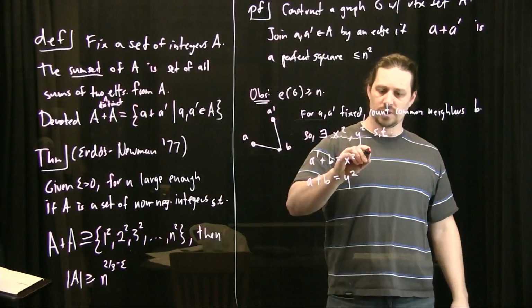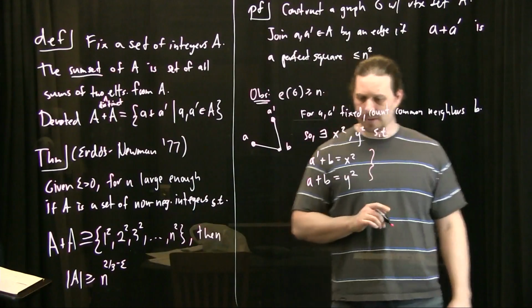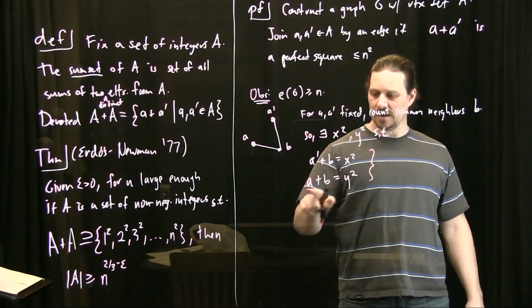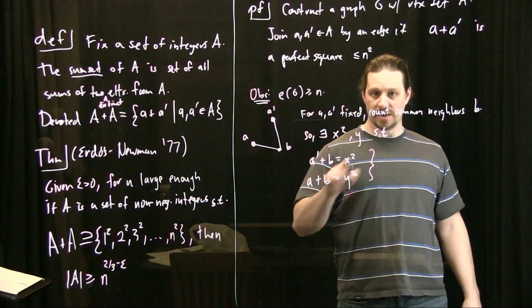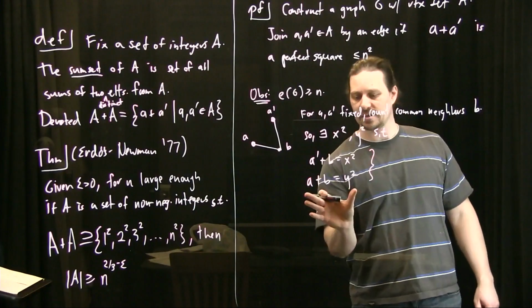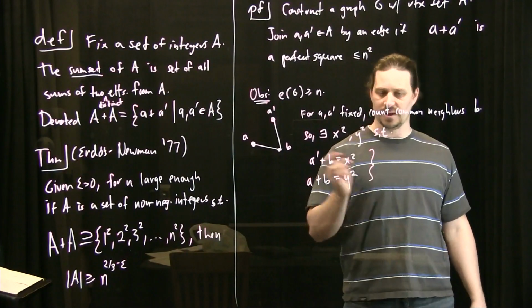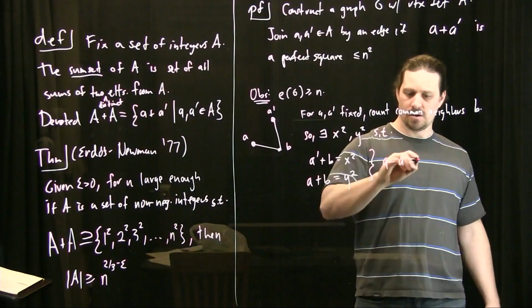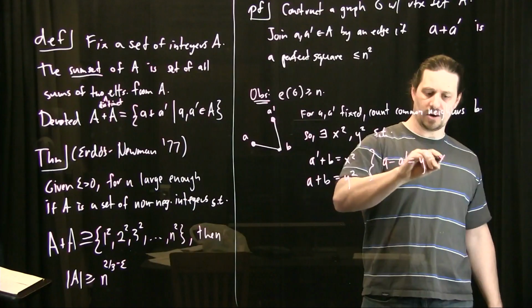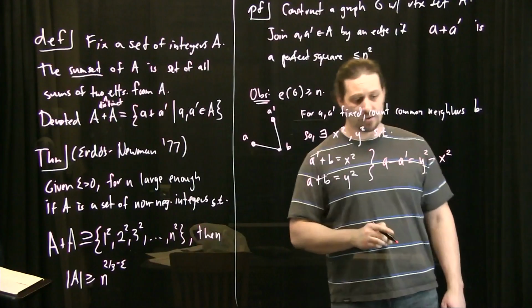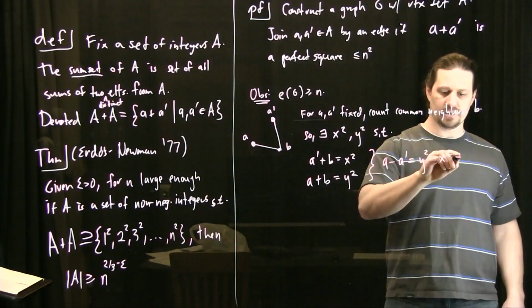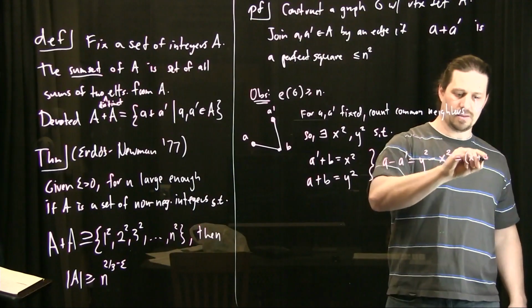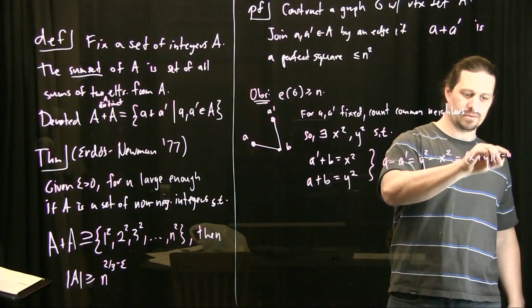Okay, and we're actually going to do a little bit of simple arithmetic here. This is kind of cool. If I take this equation and subtract from it this equation, the b's cancel out. I'm going to take the second equation and subtract from it the first. It doesn't really matter. A minus a prime equals y squared minus x squared, right? And we know this is a difference of two squares, so I'm going to rewrite this as x plus y times x minus y.